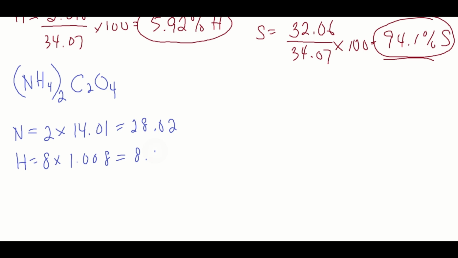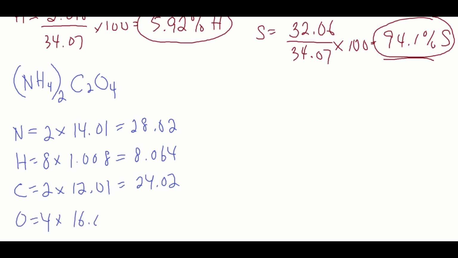So that's going to give us 8.064. And then there's 2 carbons. Carbon has a mass of 12.011. Times 2 is 24.02. And then oxygen, there's 4 of them. Each has a mass of 16.00. So that'll give us 64.00.